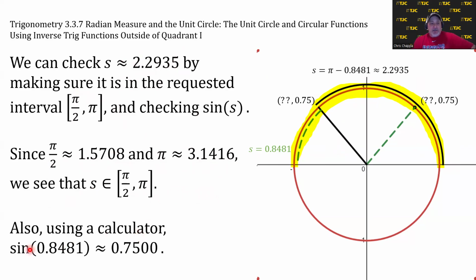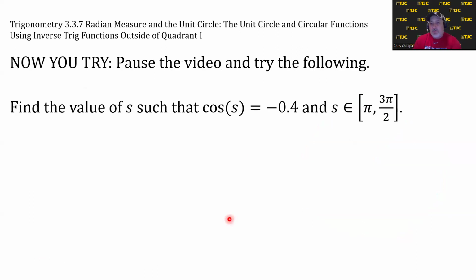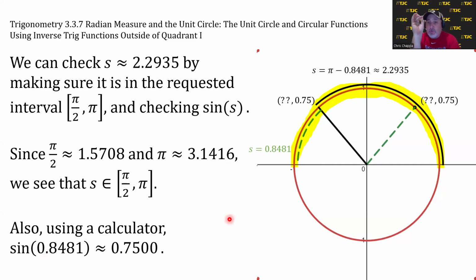And using a calculator, sine of that S, to 4 decimal places is approximately 0.7500. So we just do like we normally do with angles, we just do it with arcs. And remember, we're in radians, so proceed cautiously.